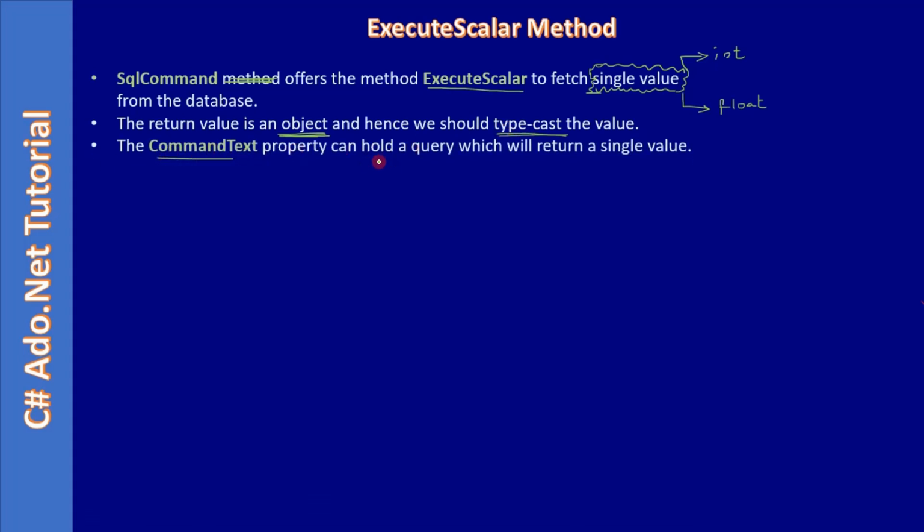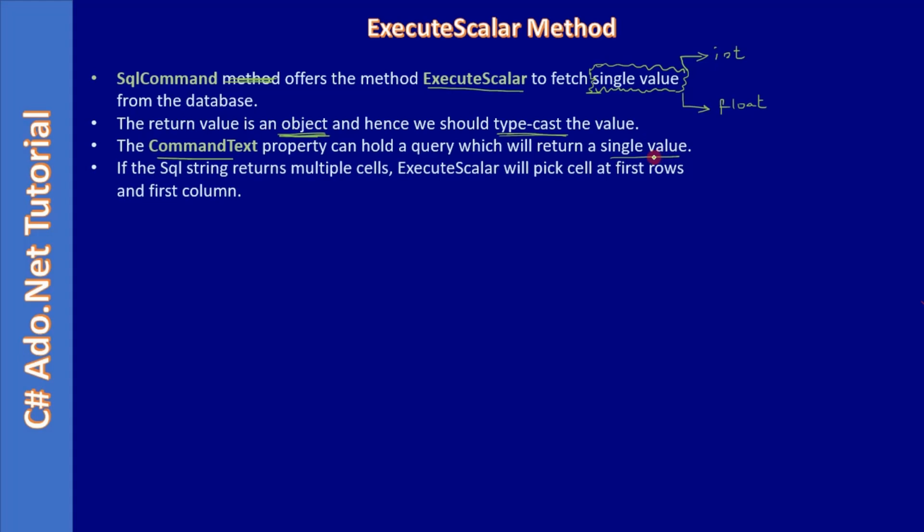The CommandText property can hold a query which will return a single value. If the SQL string returns multiple cells, for example, if you accidentally executed a select query that returns rows and columns of data, ExecuteScalar will pick the cell at the first row and first column.